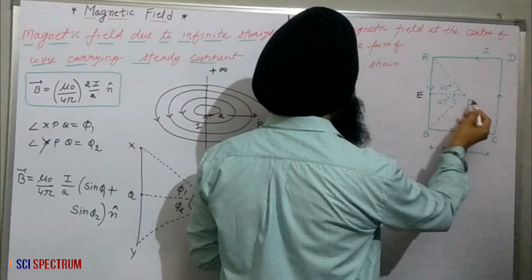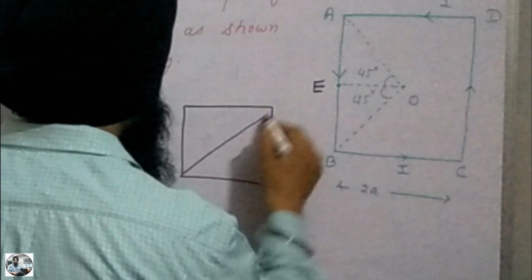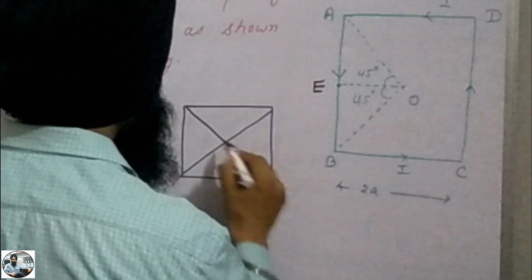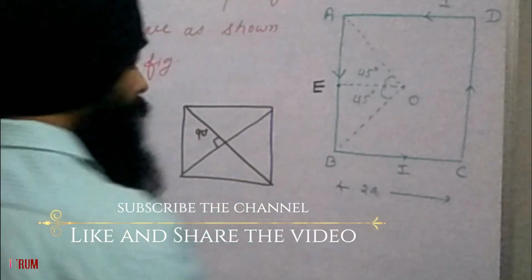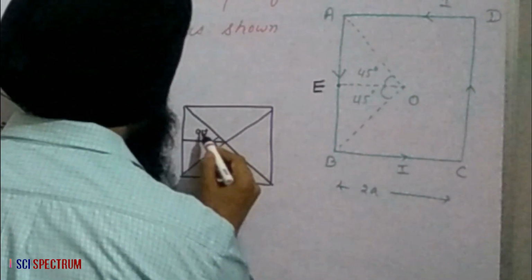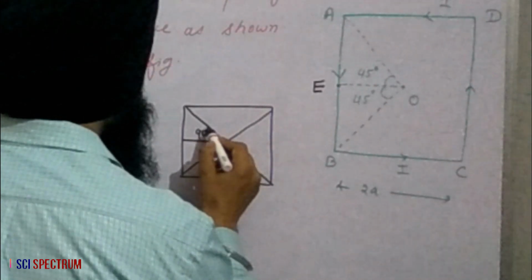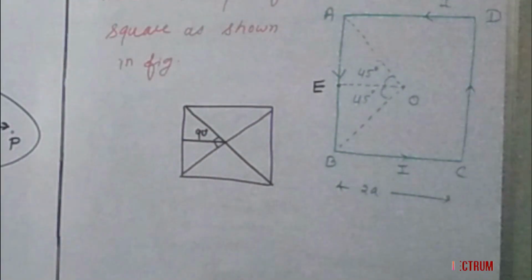If we join point E and O, as we know that in the case of a square, the diagonals divide each other at 90 degrees. So this portion divides both of these angles into 45 degrees and 45 degrees.